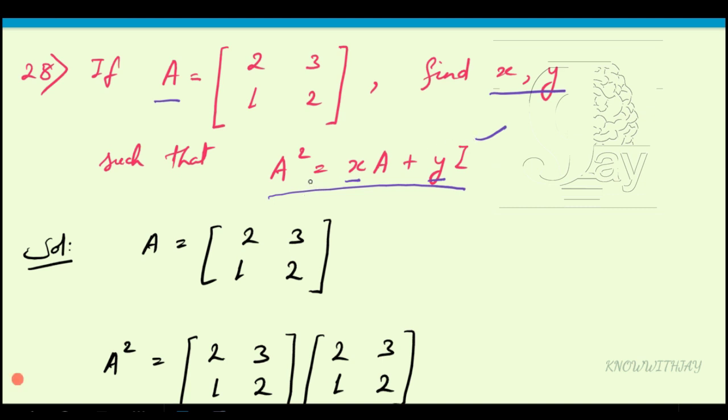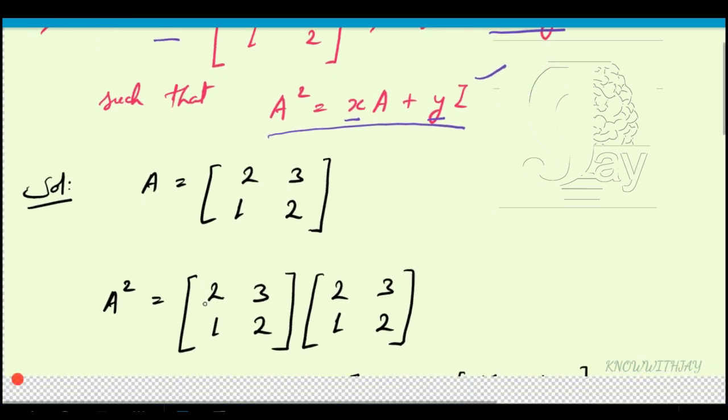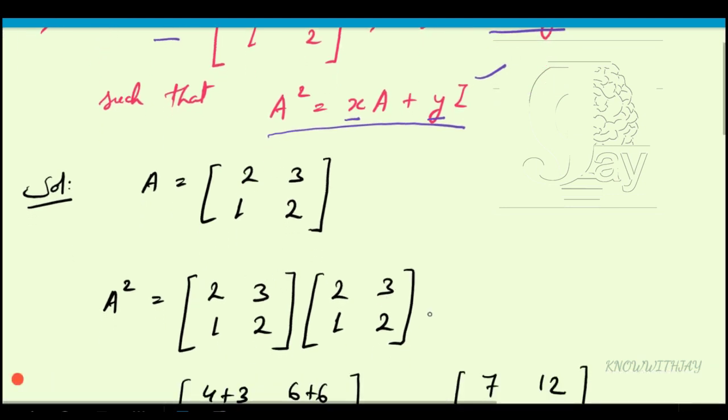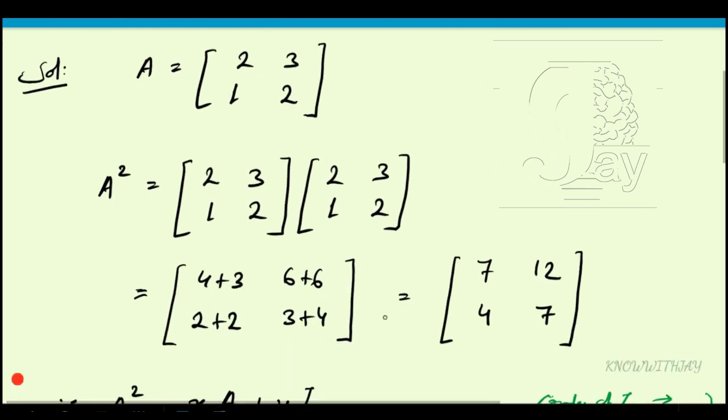Now as we see A squared, we need to find A squared. A is given and A squared is A into A, so we can easily find A squared by multiplying these two matrices. You know the process of multiplication. So we get [7 12; 4 7] after multiplication.